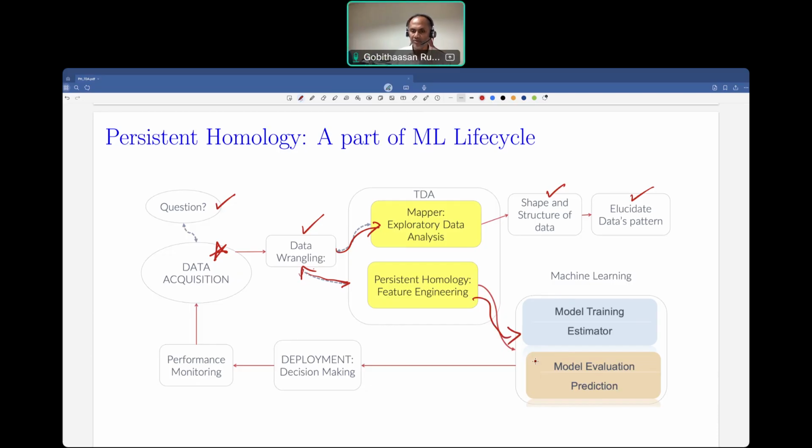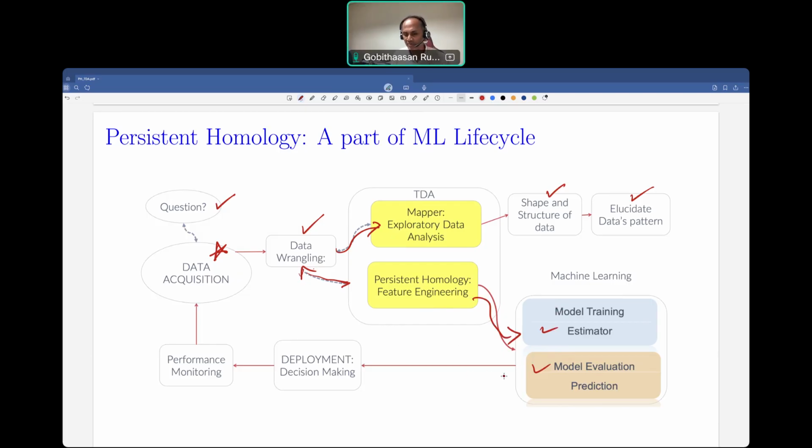Of course, for training, you will use the training data set. For testing, you will use the testing data set, which we have split from the feature engineered vectors. The rest is the same thing.